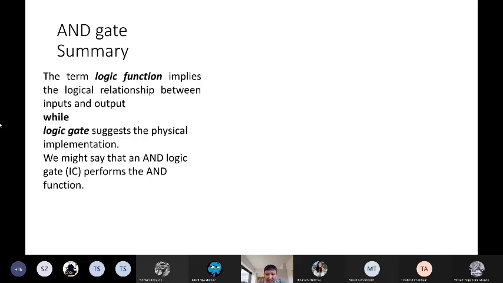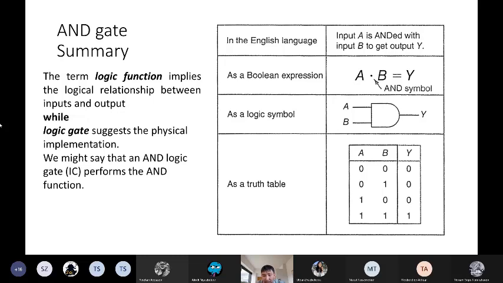Here's a table that you should understand, and maybe when we do homework, write it down in your notes. We can say input A is ANDed with input B to get output Y, or we can write a Boolean expression, or we draw the symbol, or we show it in the truth table. All of these are the same representation of a logic function.